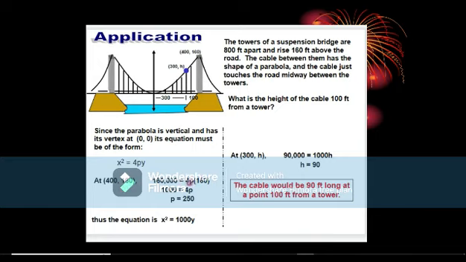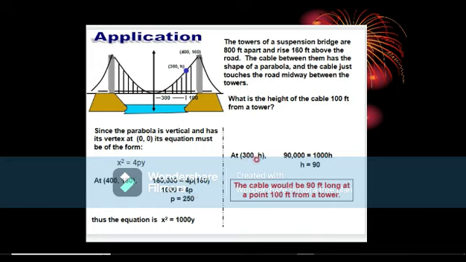Then divide both sides by 160. Here it becomes 1000 equals 4p. Divide both sides by 4 to find the value of p. Therefore, our p is equal to 250. Thus the equation is x squared is equal to 1000y, because we already found the value of p.